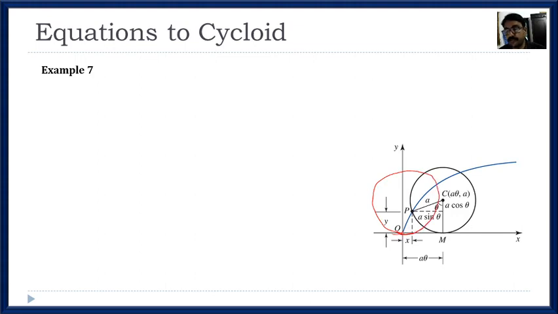When it rolls, suppose this point reaches here. Now when it rotates theta, there forms a right angled triangle with this angle theta, and the arc PM is nothing but the distance OM. That is the peculiarity of this movement. The length OM is nothing but the arc length PM.